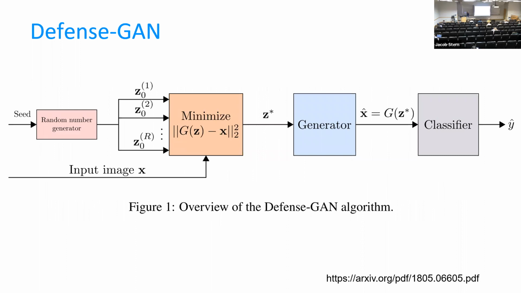So Defense-GAN, this is kind of our state of the art for defending classifiers. And this is the approach. We have a GAN as usual that takes as input a Z vector and generates an image, and we want to find a Z vector that creates an image that most closely matches our input image.